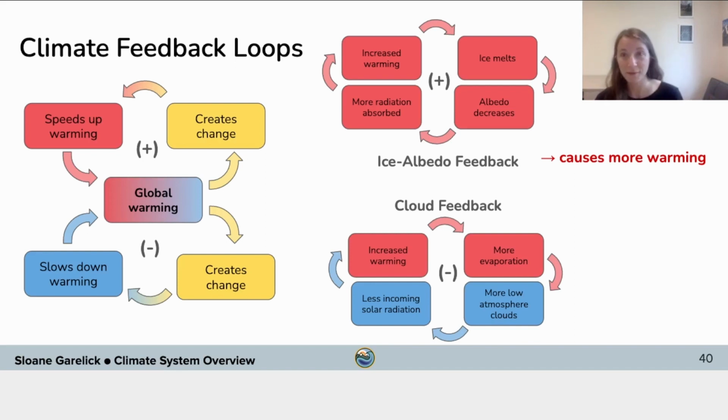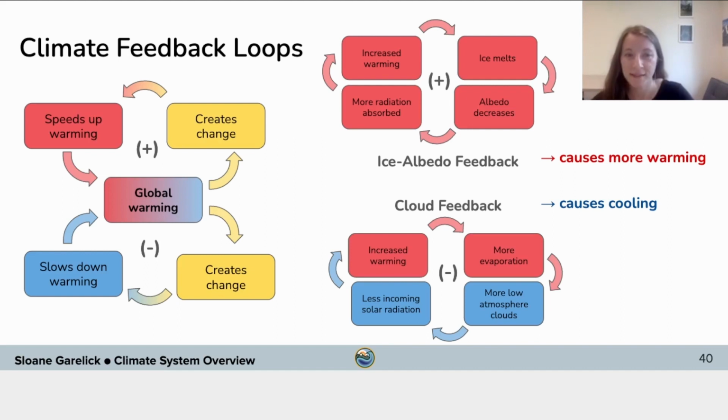And because of this reduction in solar radiation, we end up with the opposite signal of that initial increased warming. So we actually end up with a cooling effect. Overall, this negative feedback would cause cooling in response to this initial increased warming.